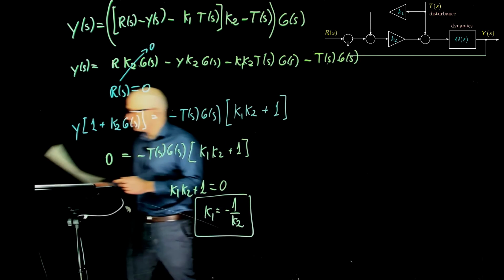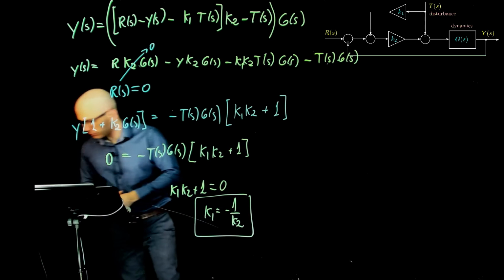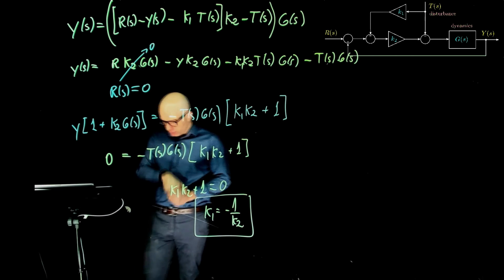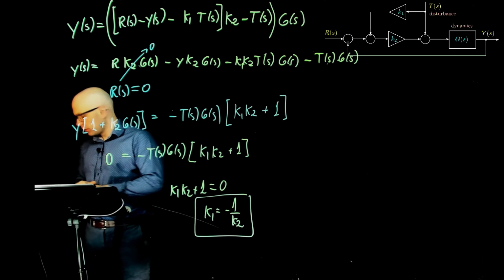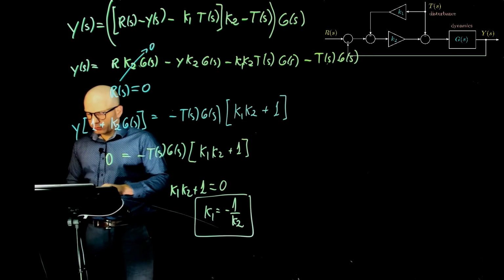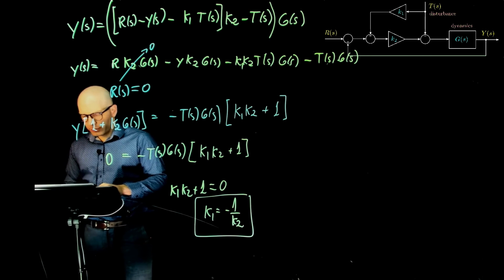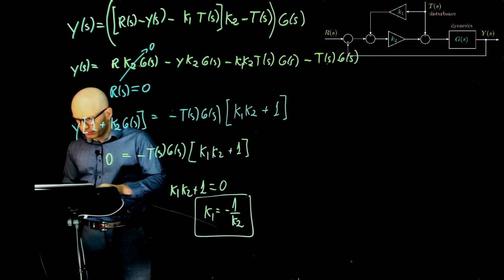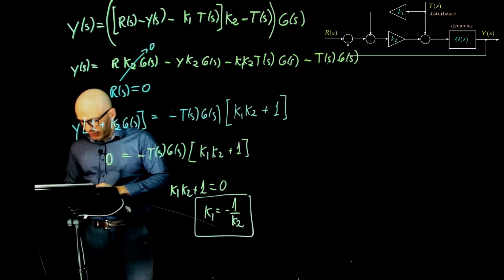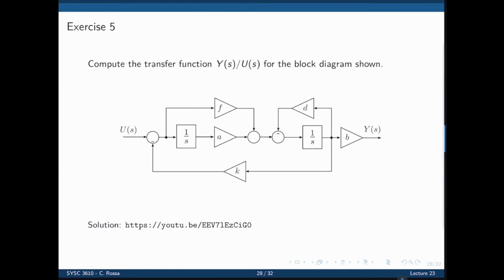Any questions here? No? All right. So if there are no questions, I'll keep going. Let's do exercise number 5. And then I'm going to go back to a more complicated one if we have time.